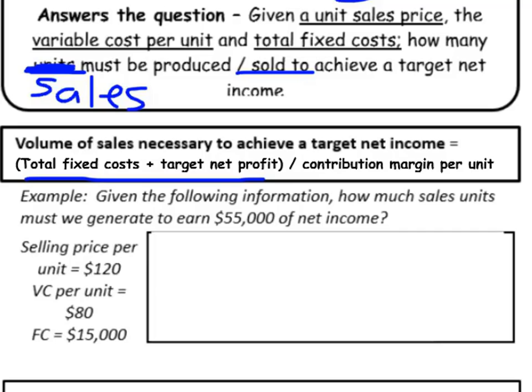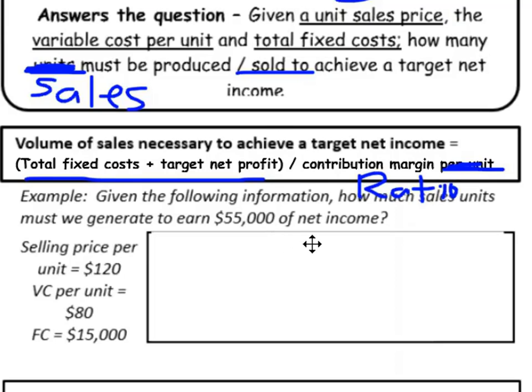But instead of using our contribution margin per unit, we're going to use, and again I'm going to have to change this a little, our contribution margin ratio, not our contribution margin per unit, but our contribution margin ratio. Now let's go ahead with these corrections to the formula. Let's go ahead and do the calculations.